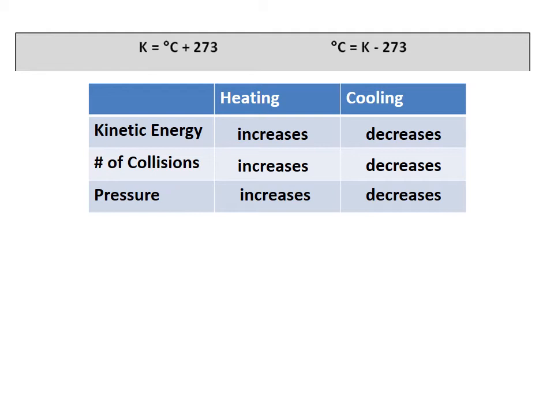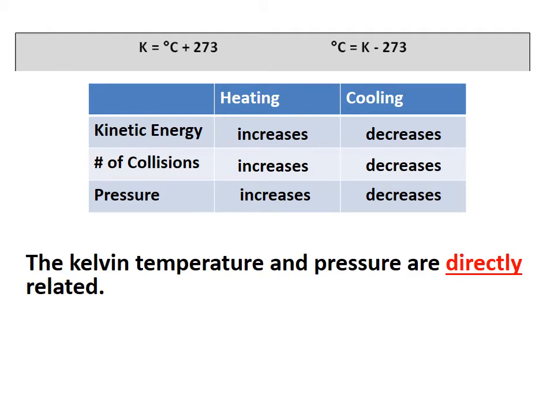So here we see, if we heat or increase temperature, we cause an increase in pressure, number of collisions, and kinetic energy. And if we cool or decrease the temperature, we cause a decrease in the kinetic energy, the number of collisions, and the pressure. So here we see that temperature and pressure are directly related.